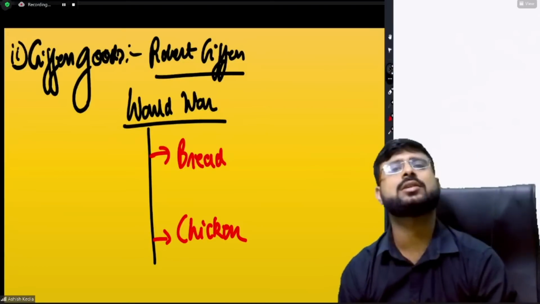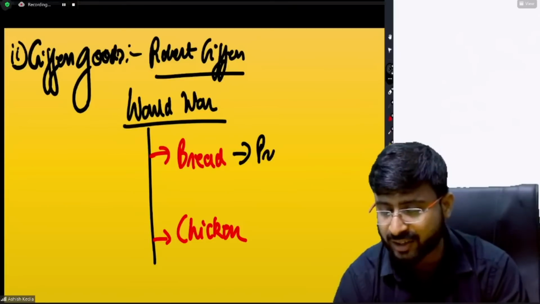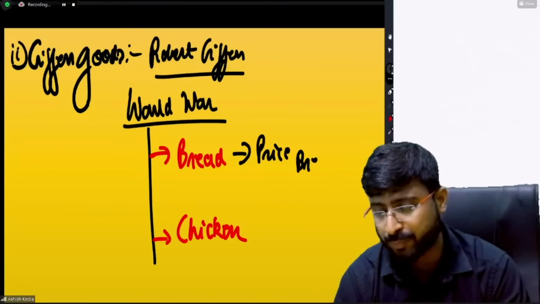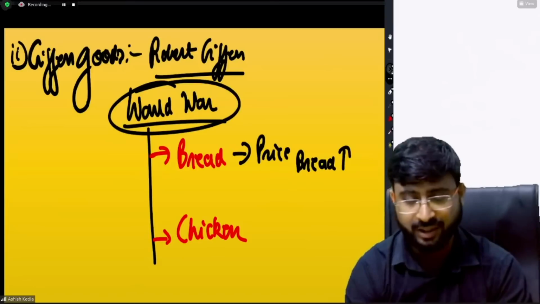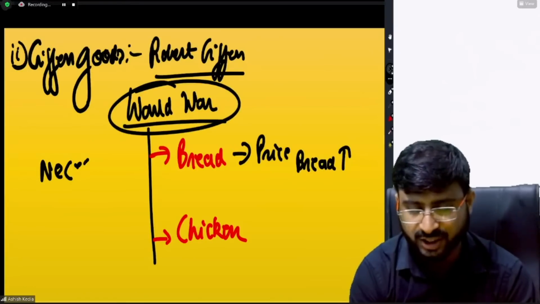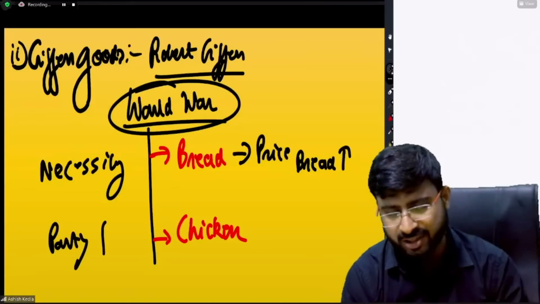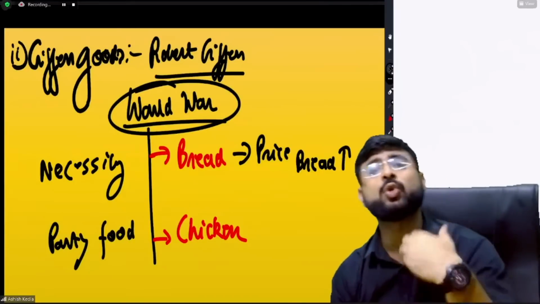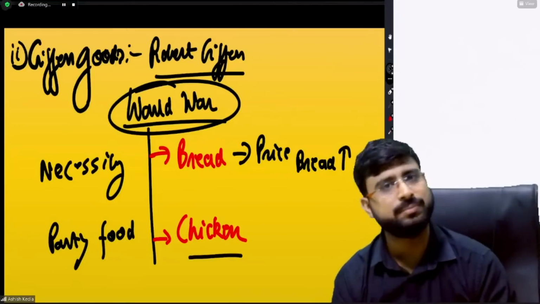Bread was the basic necessity of people. And chicken was like a party food, leisure food, a food that you enjoy. Like pizza, burger, it was like that for them.